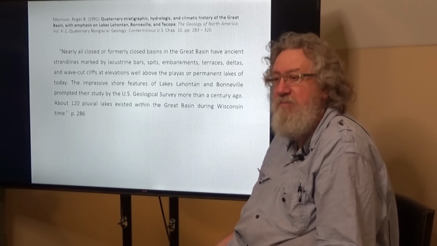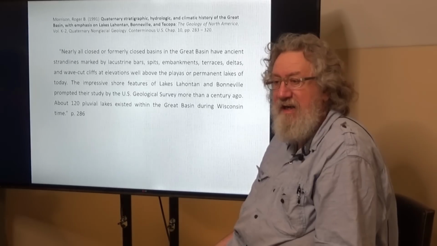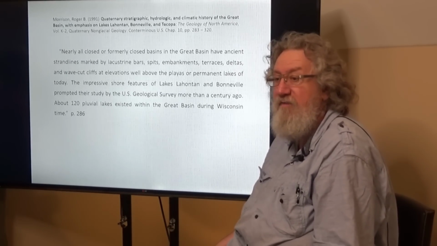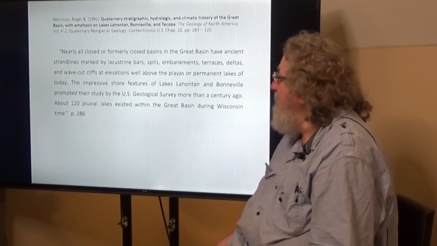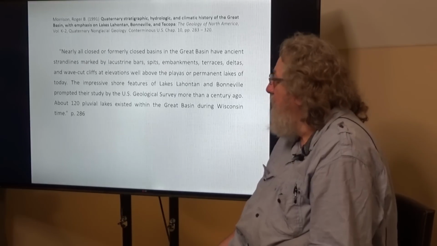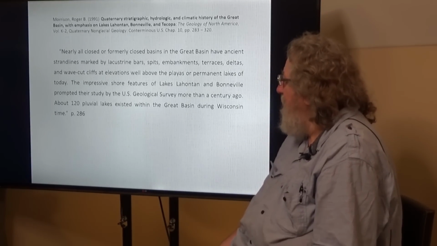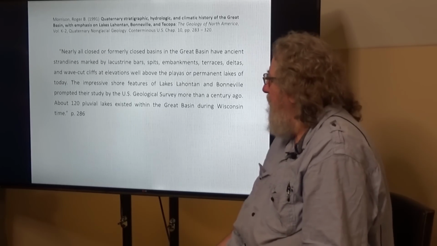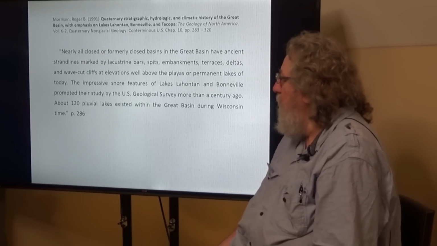That word lacustrine simply means lakes: spits, embankments, terraces, deltas, and wave-cut cliffs at elevations well above the playas or permanent lakes of today. The impressive shore features of Lakes Lahontan and Bonneville prompted their study by the U.S. Geological Survey more than a century ago.